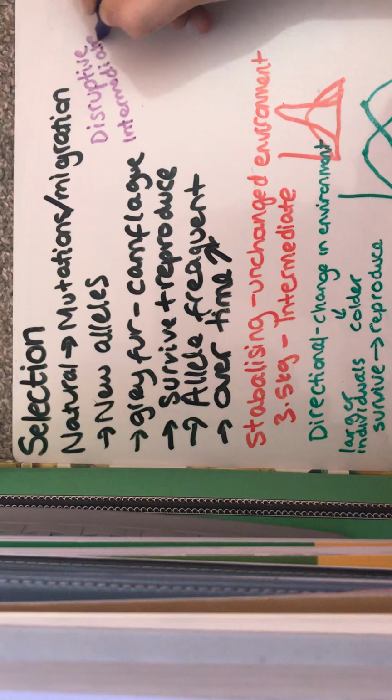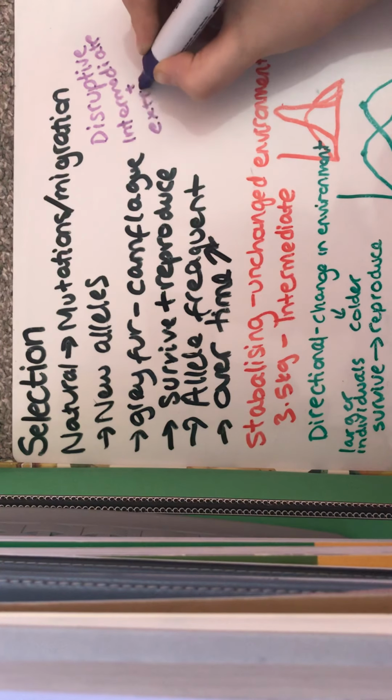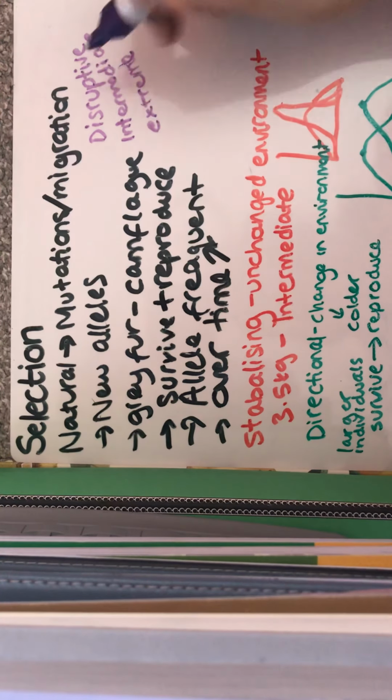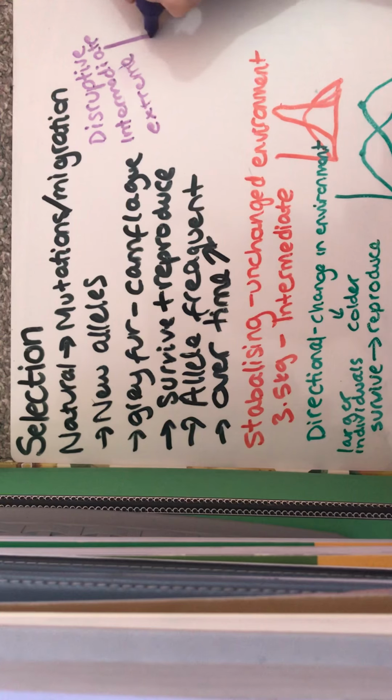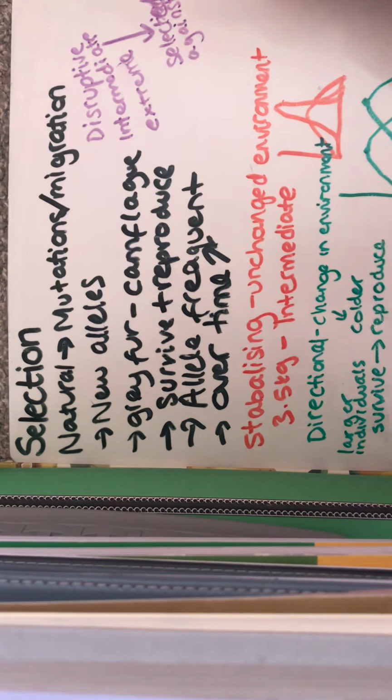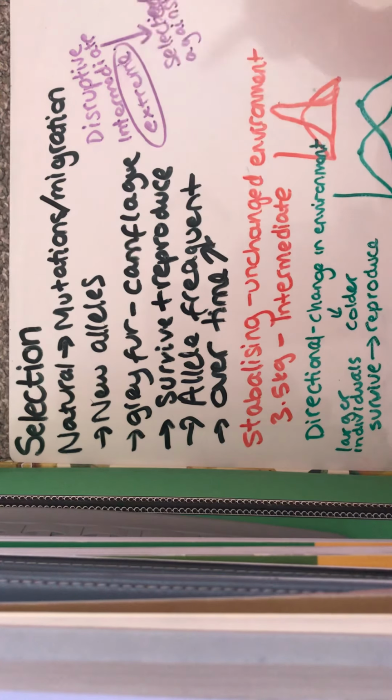So it favours the extremes. It's the intermediate that is selected against, so that's selected against, and it's the extreme ones that we're wanting.